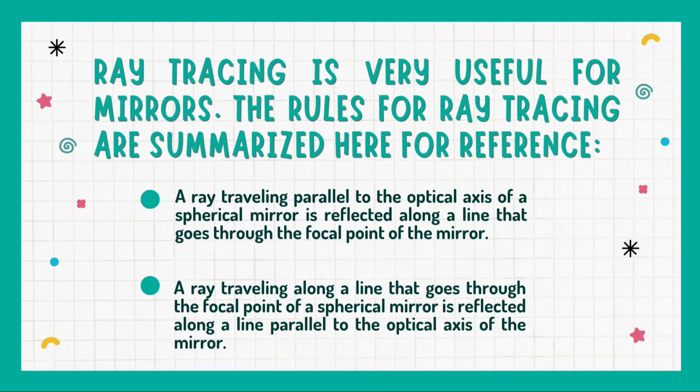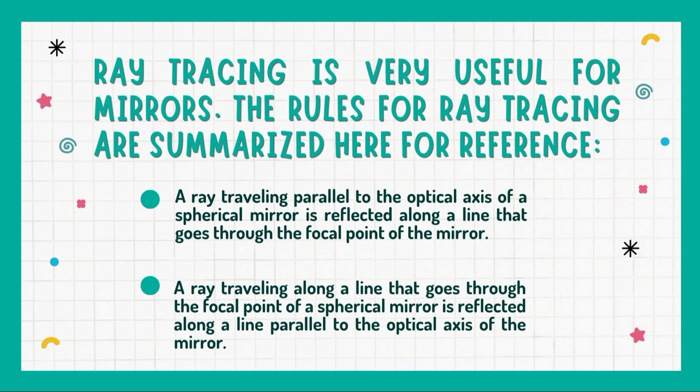If you shine a laser beam parallel to this line, it will bounce off the mirror and go through a special point called the focal point. It's like the mirror is making the light meet at that point. So when a light ray moves in a single line parallel to the center of the mirror, it bounces off and goes through the focal point, just like the way light reflects off the inside of a spoon.